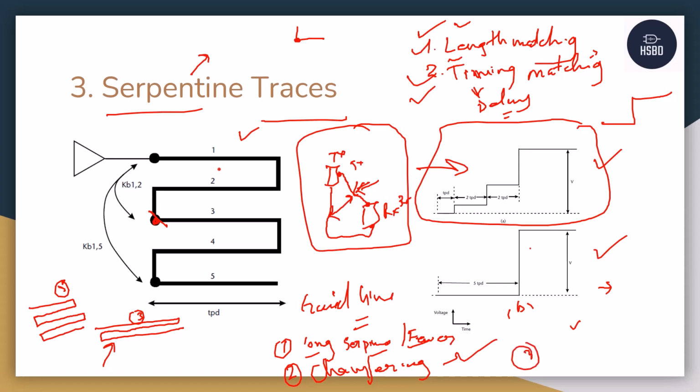And the third and most important part is usage of guard traces. So what are guard traces? For example, if this is my signal traveling from transmitter to receiver using 5 serpentine traces, what I am going to do is introduce a ground layer of guard traces over here.